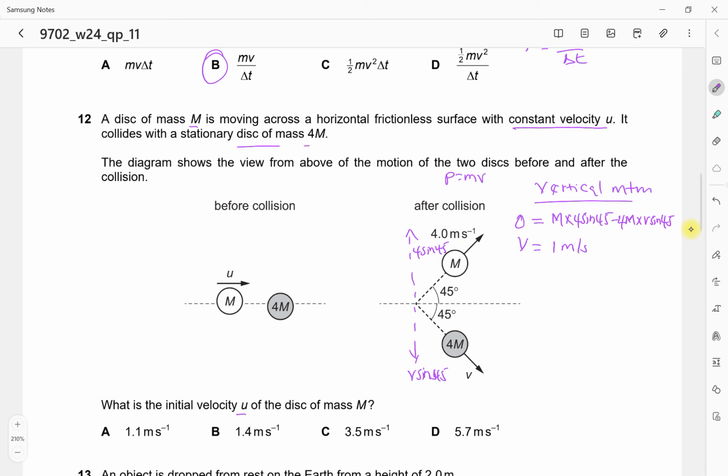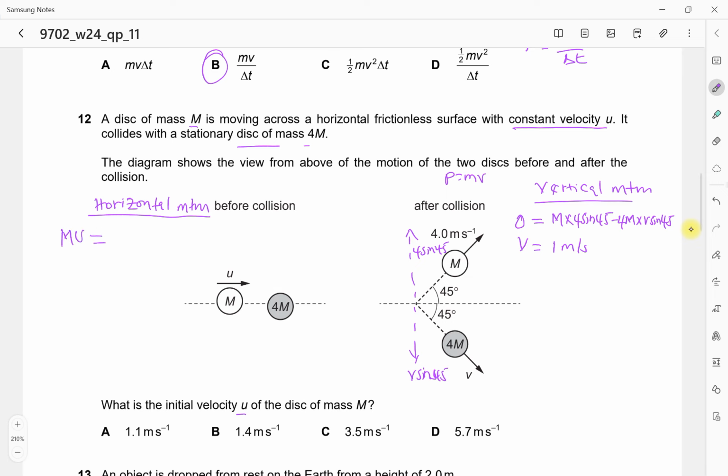Then let's consider horizontal momentum. Let's conserve horizontal momentum. Initially in the horizontal, 4m was at rest and capital M was moving. So the initial momentum was m times u plus 0.